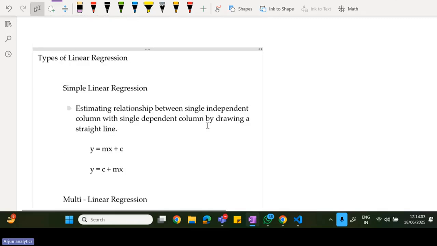Here we are talking about a single independent column and a single dependent column.